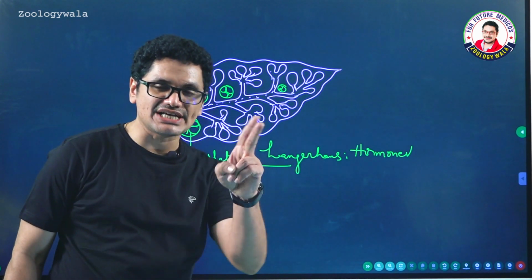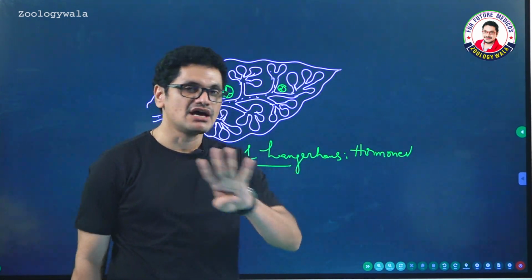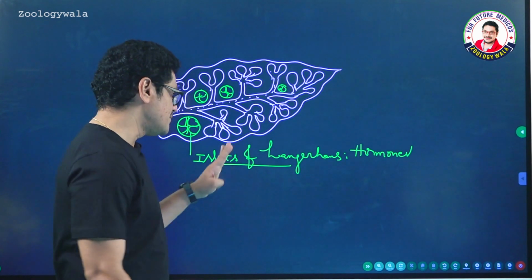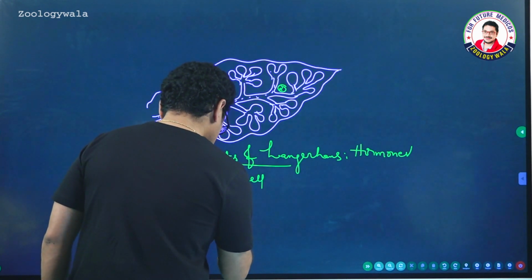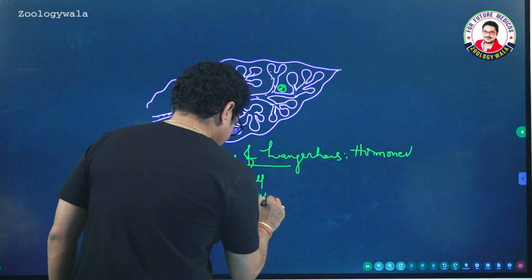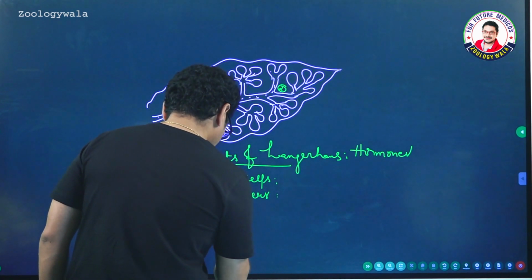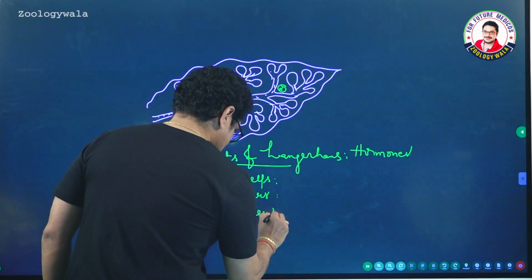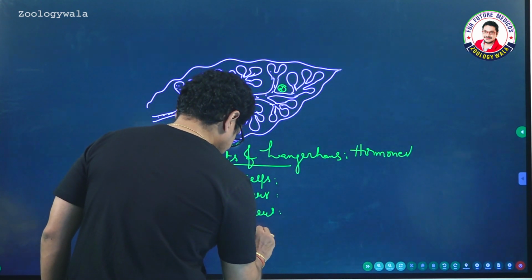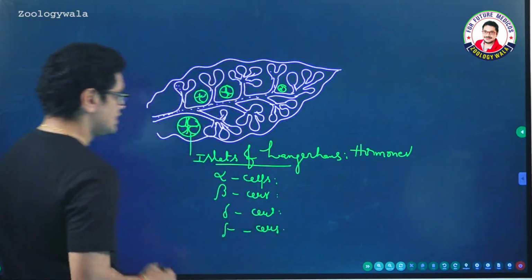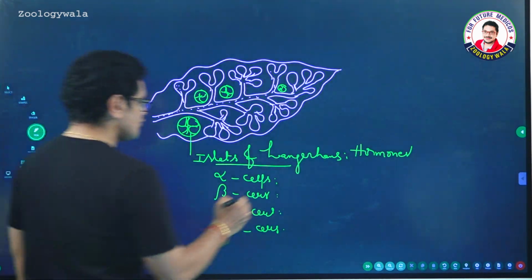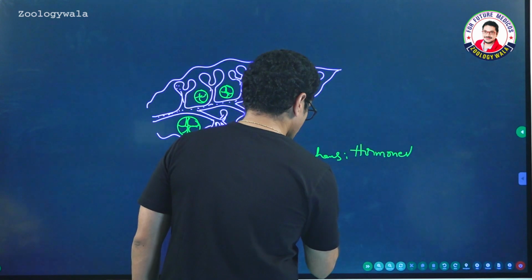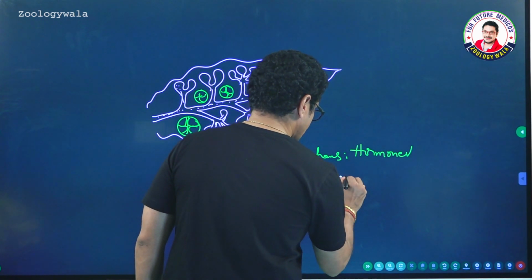Alpha cells, beta cells, delta cells, and F cells are the 4 types of cells present in the islets of Langerhans. Alpha cells produce a hormone called glucagon.